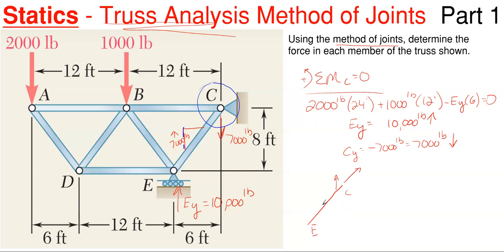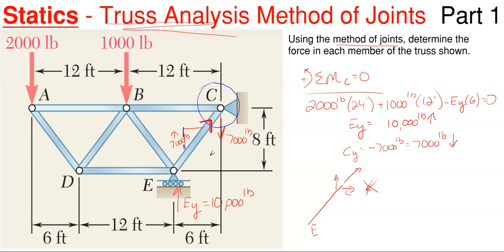Since it is going diagonal, you either have two choices of up and to the right or down and to the left. The internal force, since it is an axial force, has to be going parallel to that member. So since this one is going up, it cannot be that one. It has to be going up and to the right. And since it's going up and to the right, that dictates which way the X is going for the component. So essentially, this force is going like this, up and to the right relative to joint C.